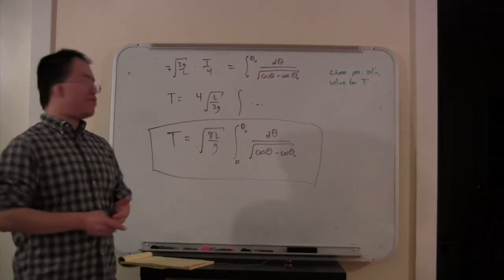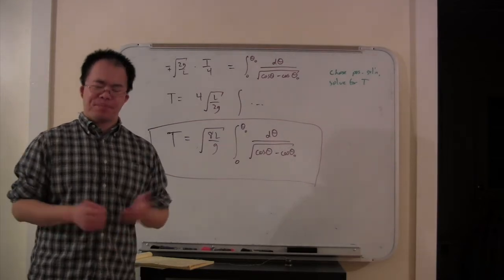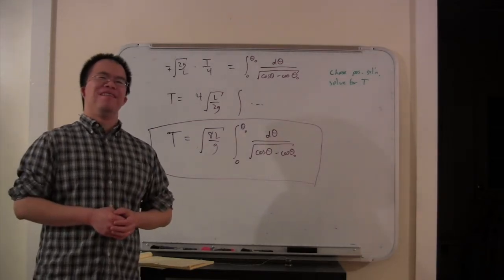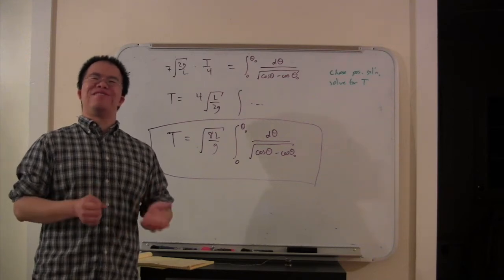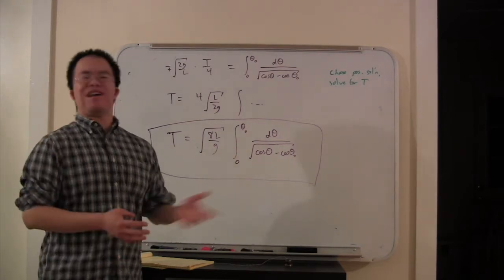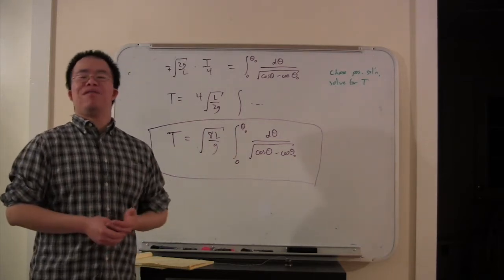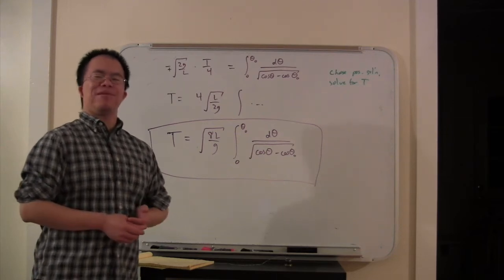But this integral turns out to be one that is tabulated if you go and look up a math handbook. You're probably all too young to have seen one of these, but if someday when life gets back to normal, you can come to my office and I can show you one of my math handbooks. Matt Price has a couple in his office too.